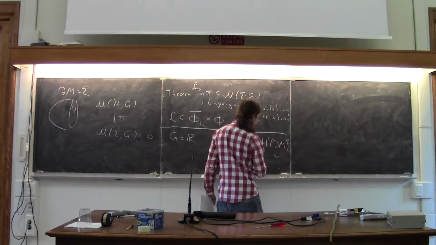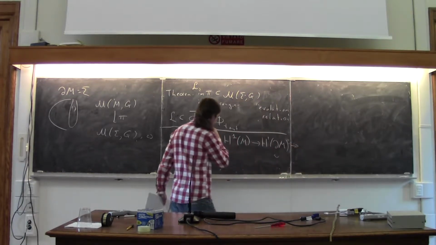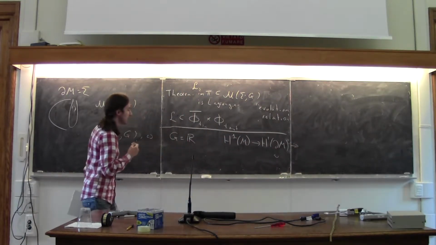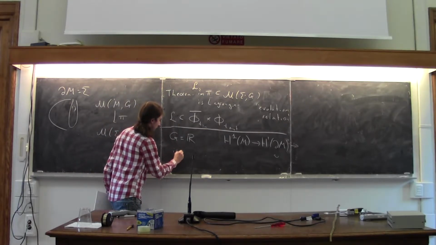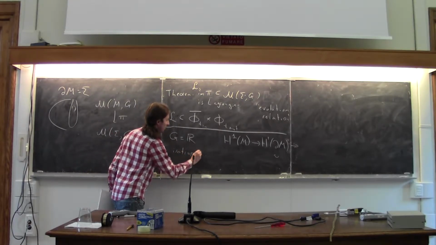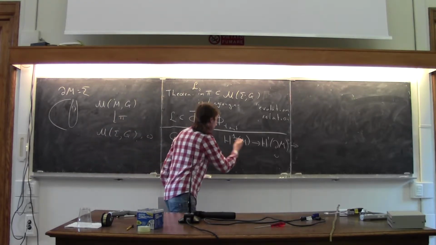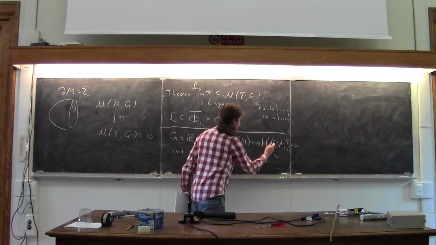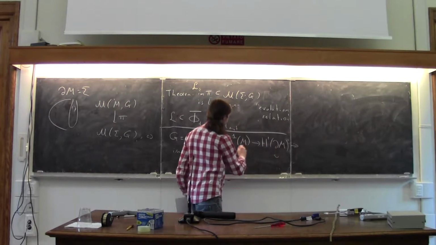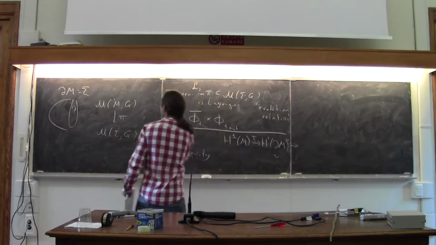This is actually quite easy to see. One thing which is very cheap is isotropicity of L. Let me call this map pi.